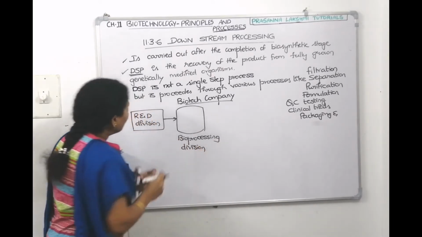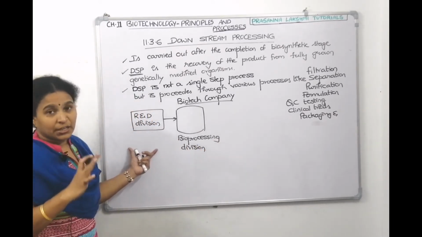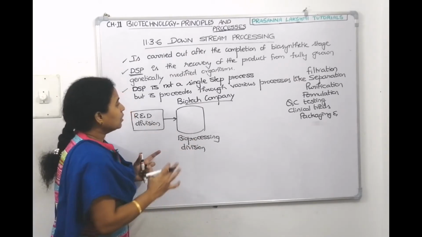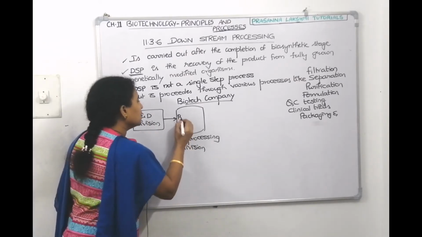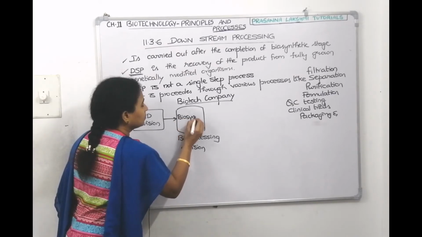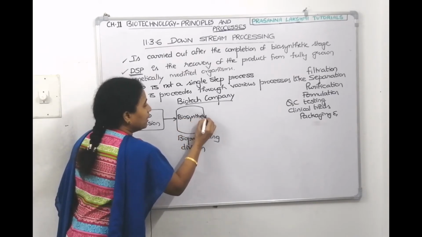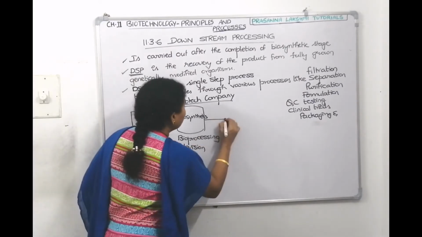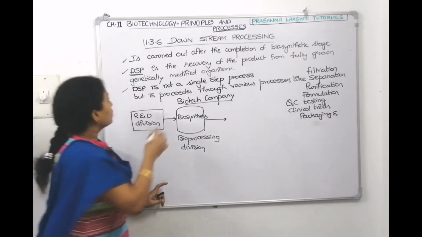R&D people will develop the formula and the genetically modified organism, and then it goes to the bioprocessing division where we will do the biosynthesis. After synthesizing it, then it goes to downstream processing.